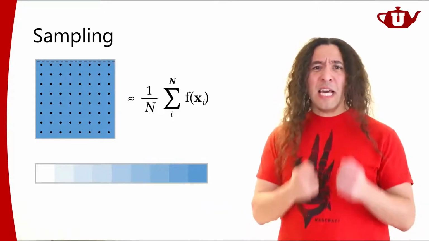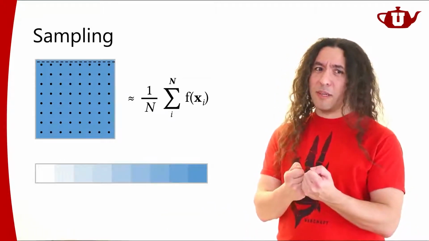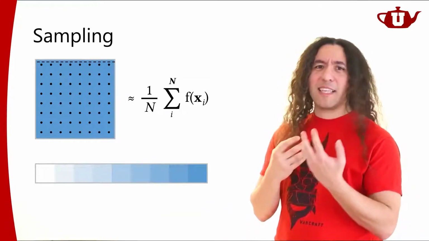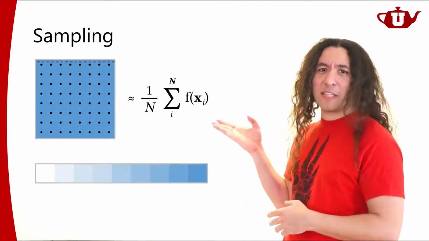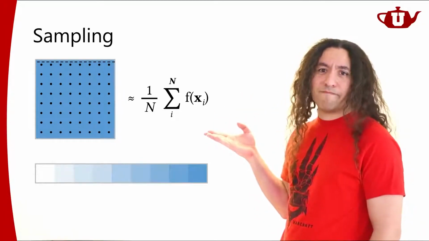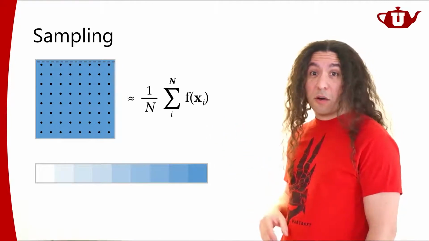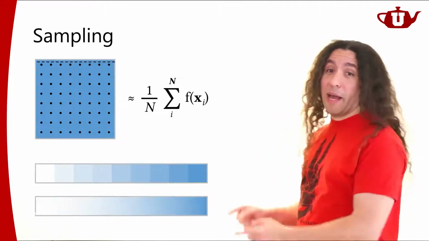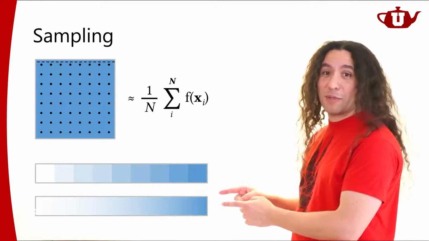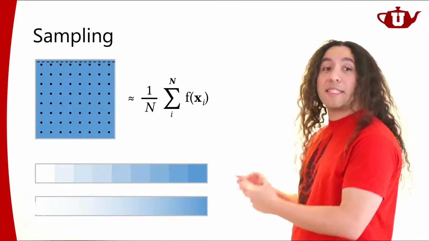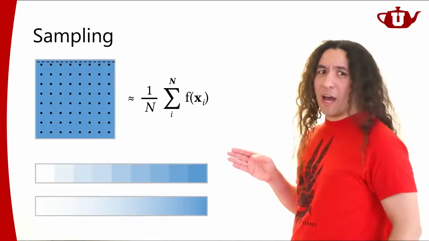If I'm using 64 samples, I should be able to get 65 different shades of this blue, ideally. Of course, ideally, I would like to get something continuous, which we're not getting, but at least I should be able to get 65 different values, not just 9, right?